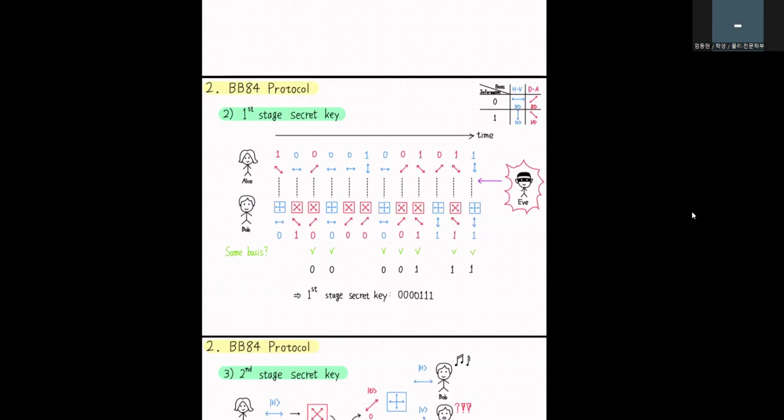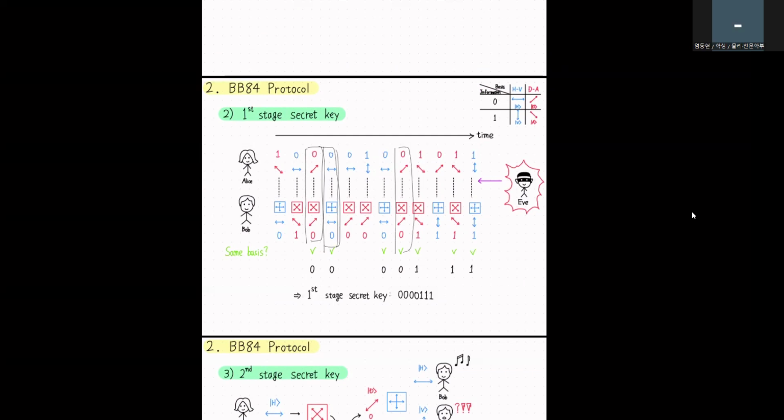Well, after the fact, Alice and Bob will communicate, and since Bob measured it in a different basis, they would both agree to just get rid of that measurement altogether. So, for example, in this measurement, these would be the bits that are kept by Alice and Bob in the first stage.